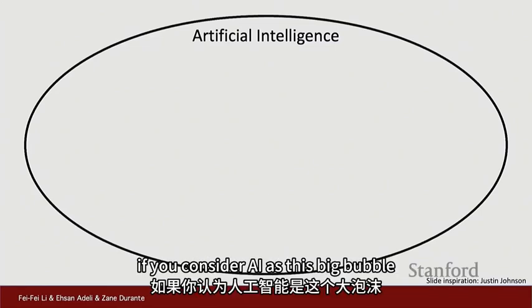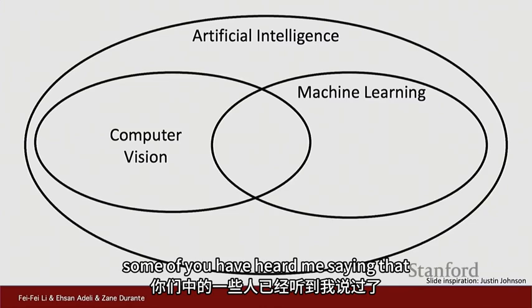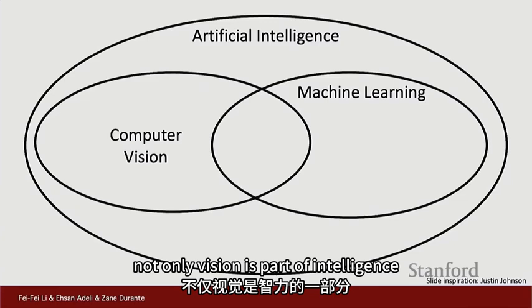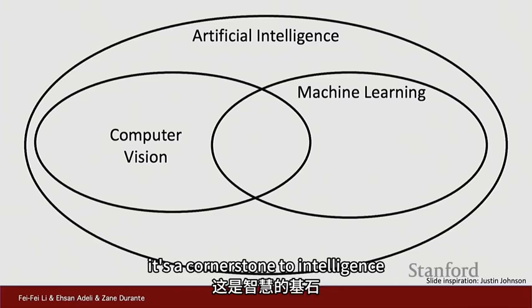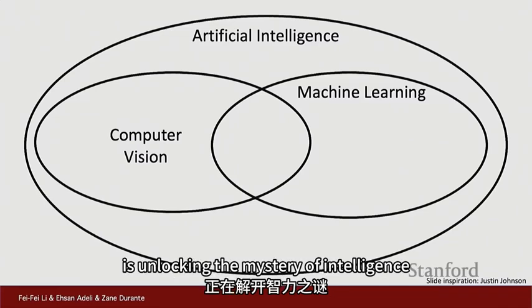If you consider AI as this big bubble, computer vision is very much an integral part of AI. Some of you have heard me saying that not only is vision part of intelligence, it's a cornerstone to intelligence. Unlocking the mystery of visual intelligence is unlocking the mystery of intelligence.